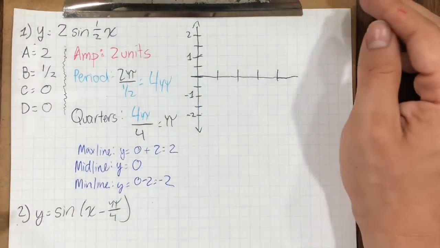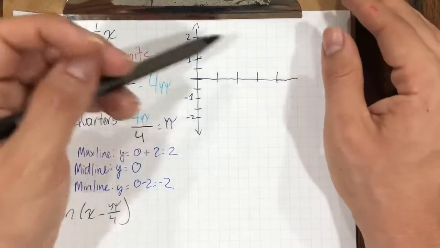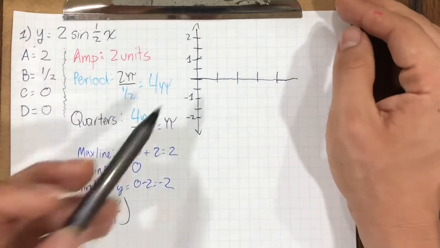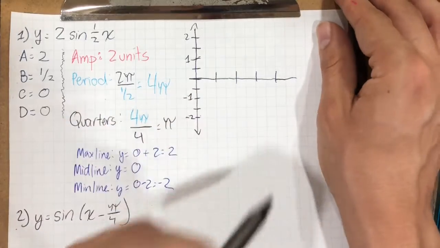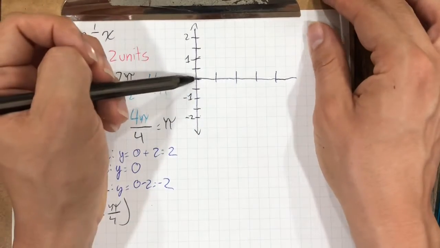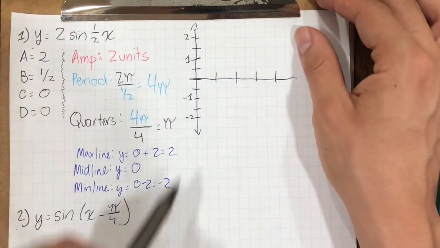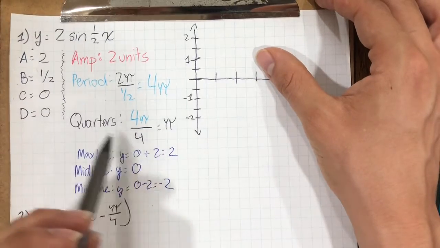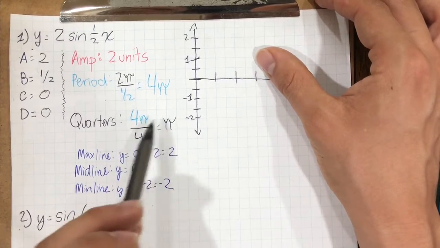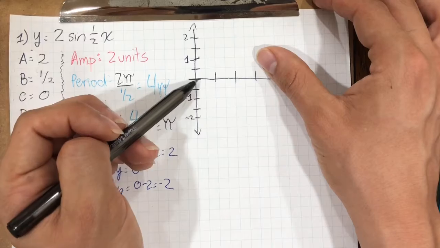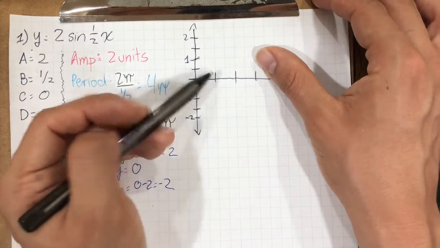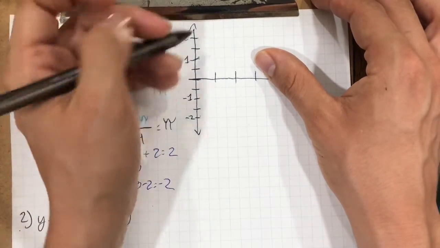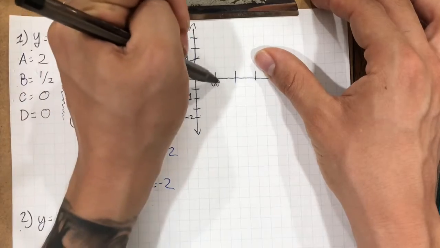Okay, so we already filled in the y values with the amplitude. So now I'm going to fill in the x values. We start off at 0. And if you guys recall, with the quarters, my quarter is pi. So that means to get from one number to the next, we're going up by pi. So we go from 0 to pi.